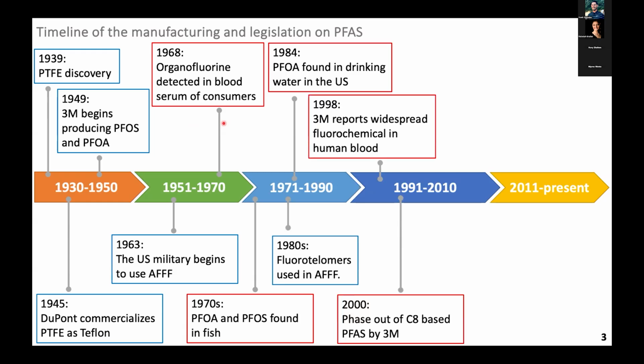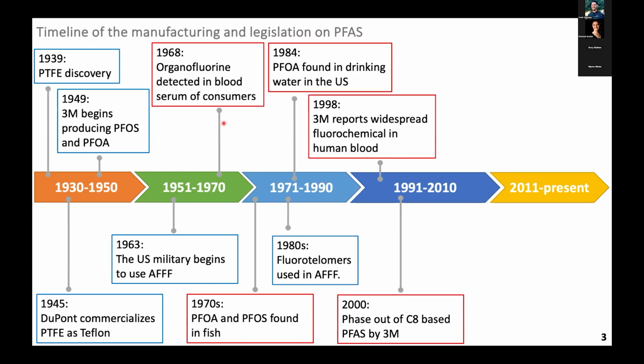And then in 1998, 3M found more fluorochemicals in human blood. So at this point, we're starting to get an accumulation of evidence that these PFAS molecules are bioaccumulators, and they probably have some serious health problems for people and ecological problems as well.